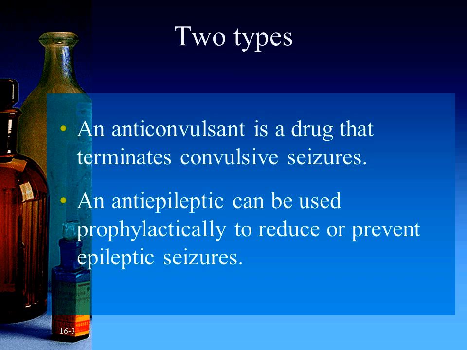An anticonvulsant is defined as a drug, usually administered IM or IV, that terminates convulsive seizures, that stops the seizures in their tracks. What they do is they decrease the excitability of the brain cells.